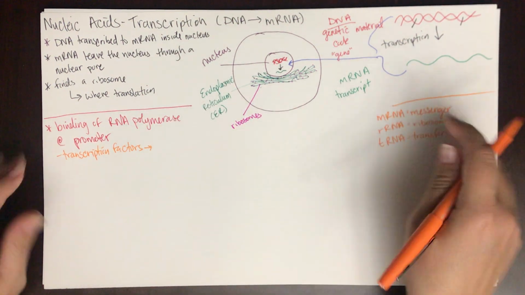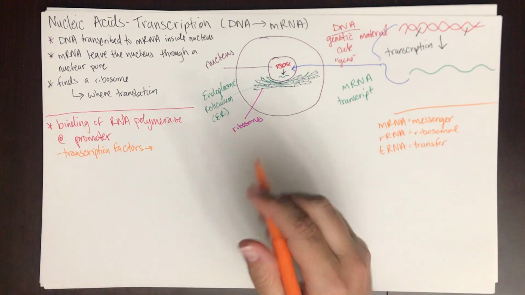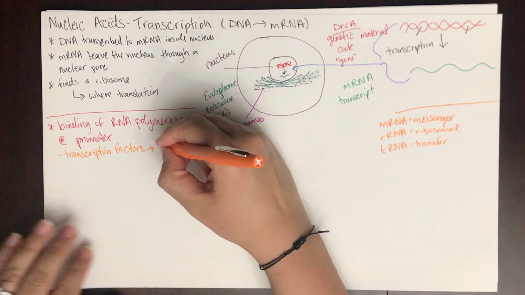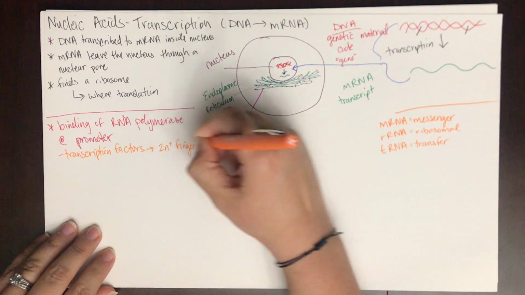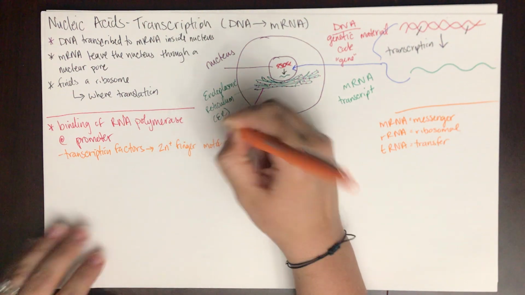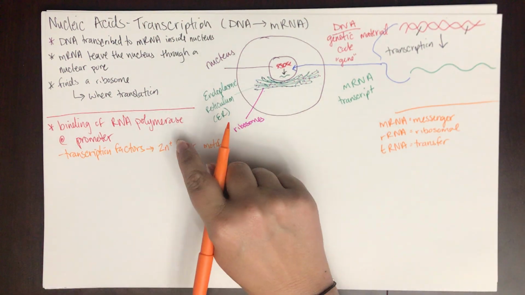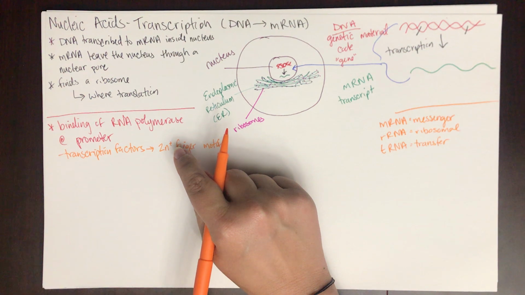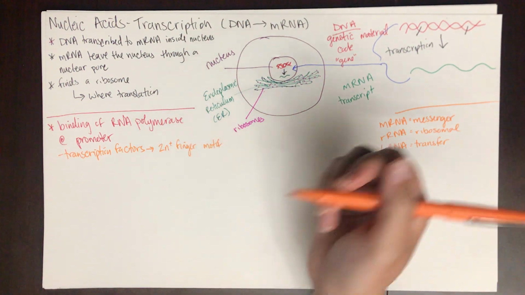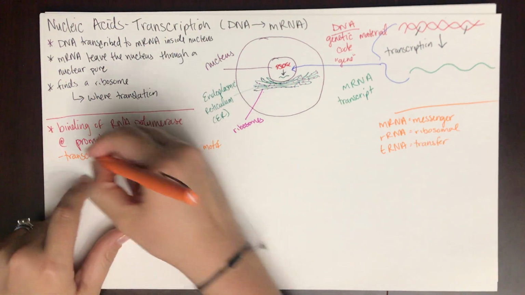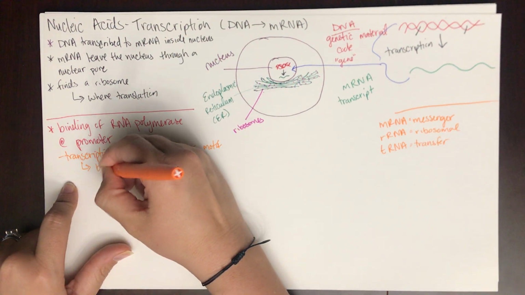Now, something that's important to remember here, most of these transcription factors will have a zinc finger motif, meaning the shape of the transcription factor is shown. It has a zinc finger. The zinc is a positively charged metal ion. What's important is this zinc finger binds to the DNA.